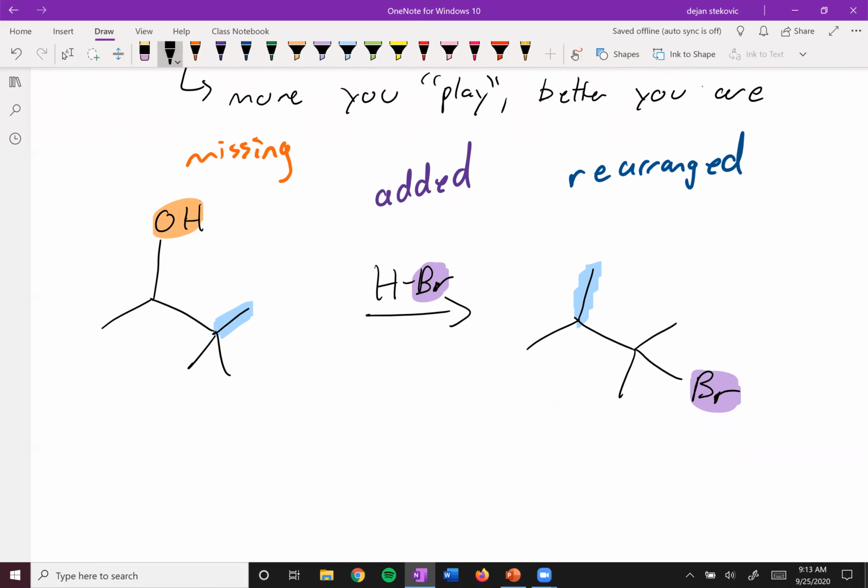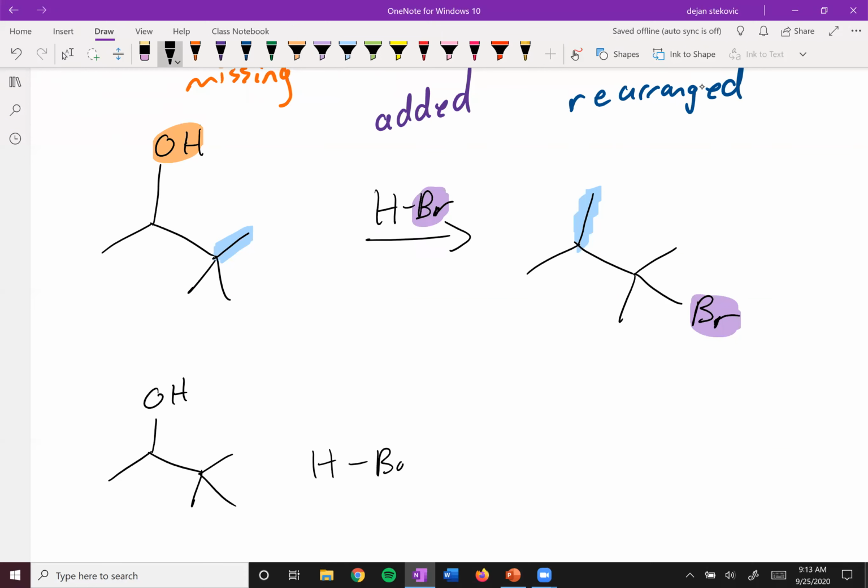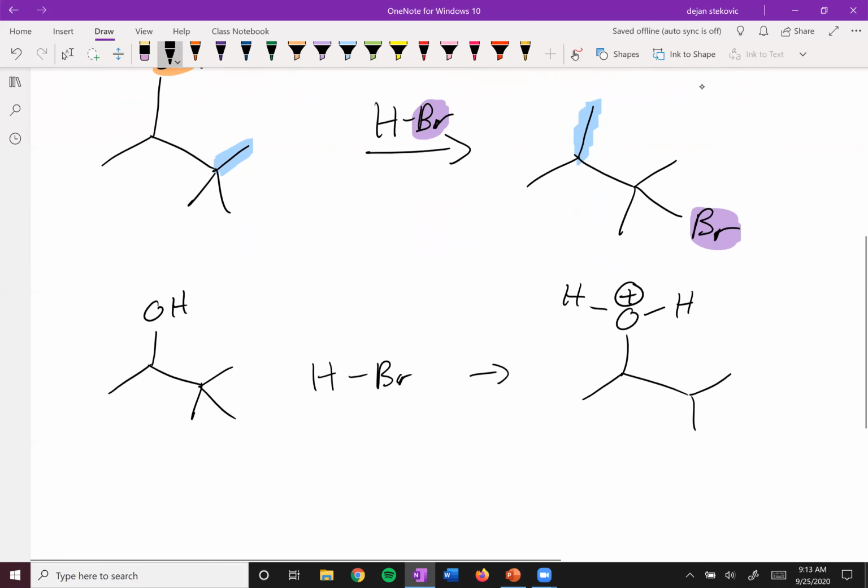And so we can start piecing these things together. I'll give you most of the data here, and then you'll be able to fill in the blanks. The first step of this reaction is we're going to take our alcohol and combine it with HBr to get this product right here.